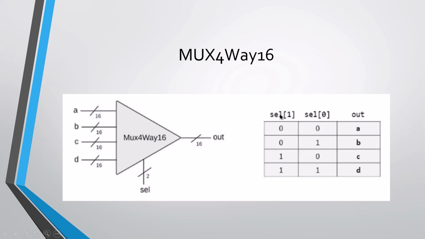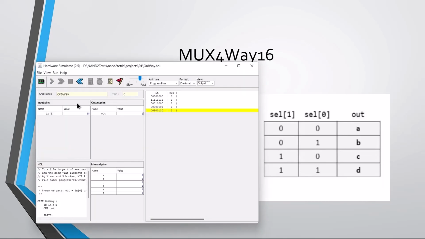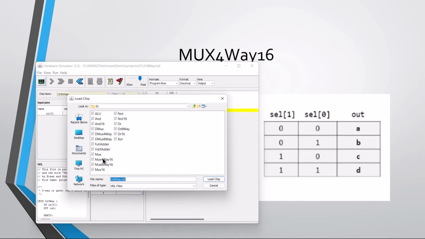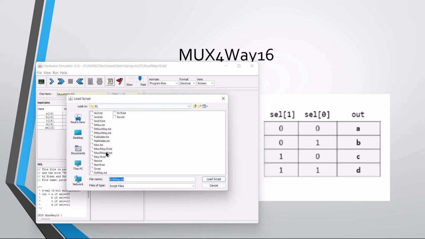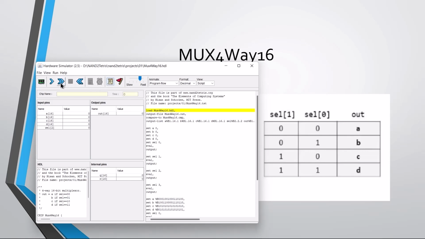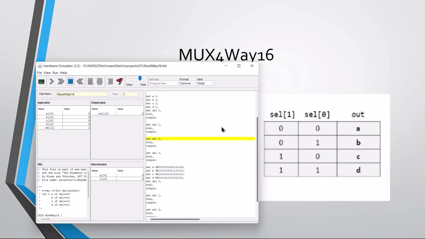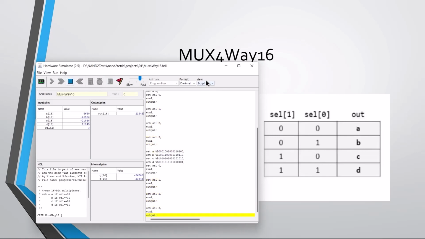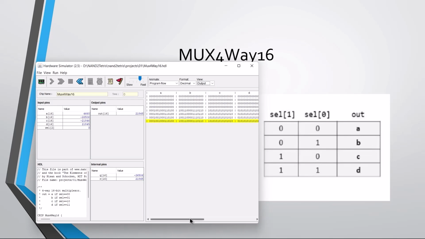Next, Mux 4-way 16. This is the block diagram and truth table. And the output. Next, Mux 8-way 16.